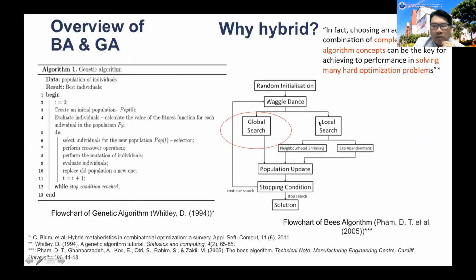The BA is very strong in local search, and there is a lot of work on that. But one disadvantage of the BA is its global search, which mainly relies on random search. So why don't we use another algorithm to enhance the global search? That is the motivation for this study.